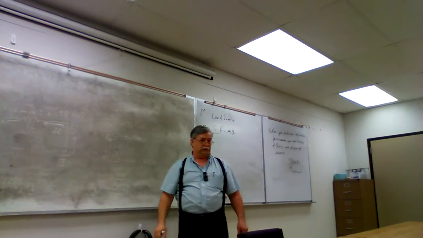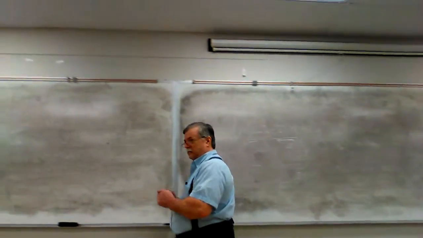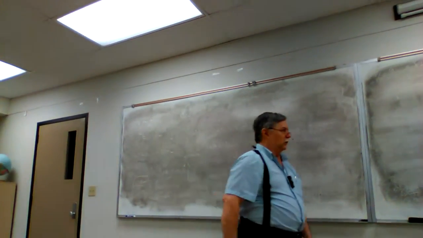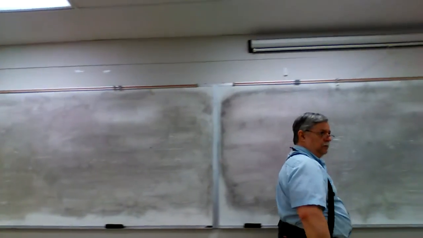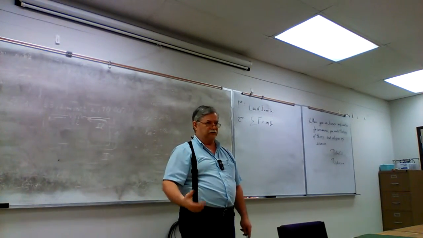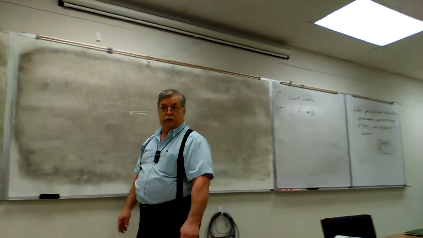And it's a vector sum. The vector sum of all the forces acting upon a body will equal the mass of that body times its acceleration. This is a corollary to the first law. First law is a statement that all matter will resist acceleration. Second law is a statement of the force required to overcome that resistance.